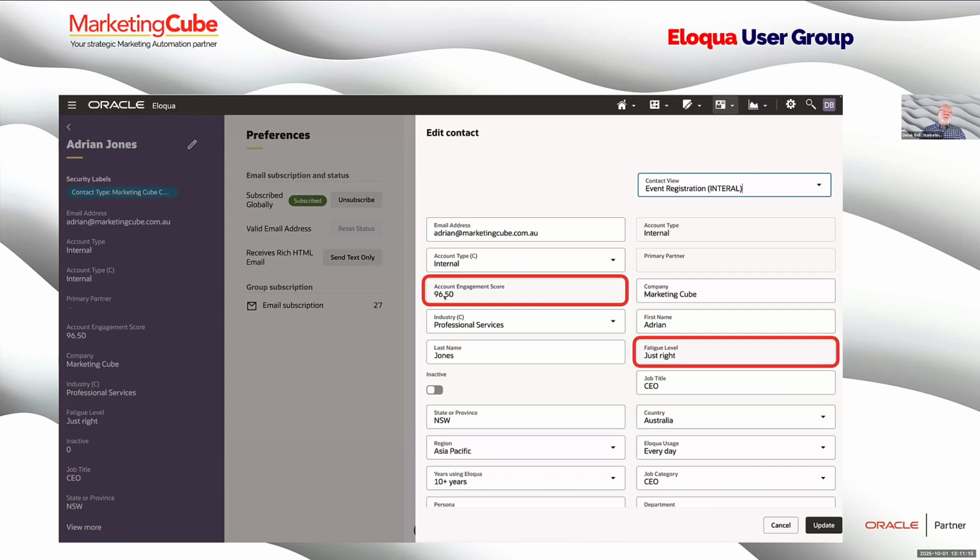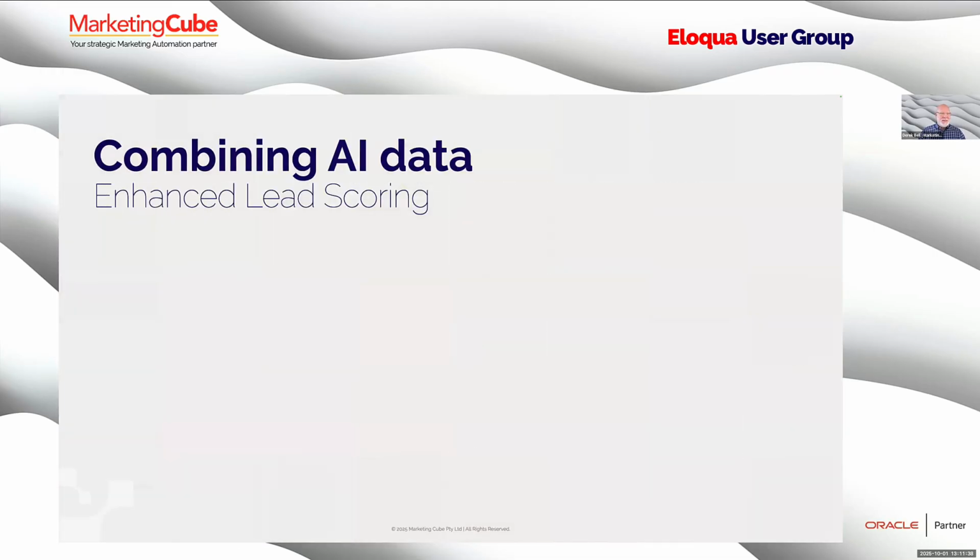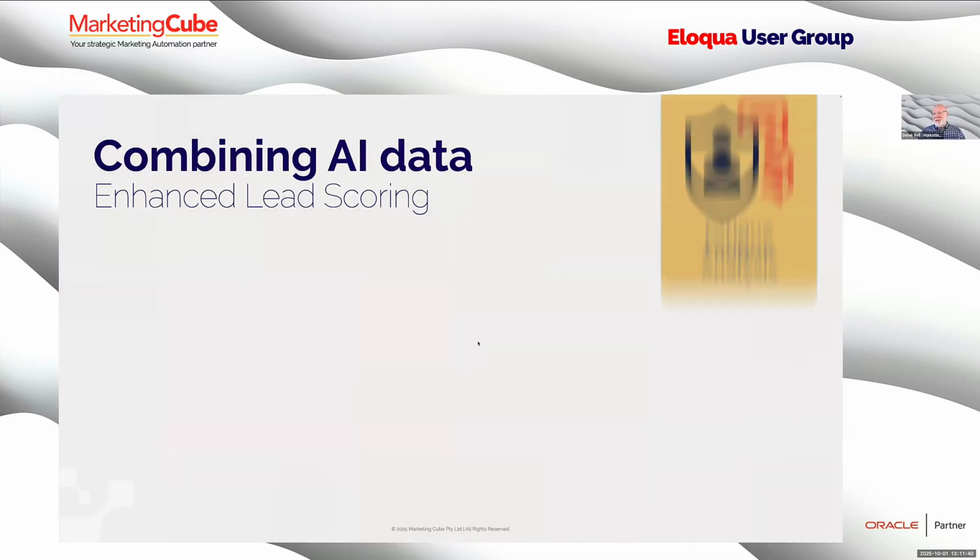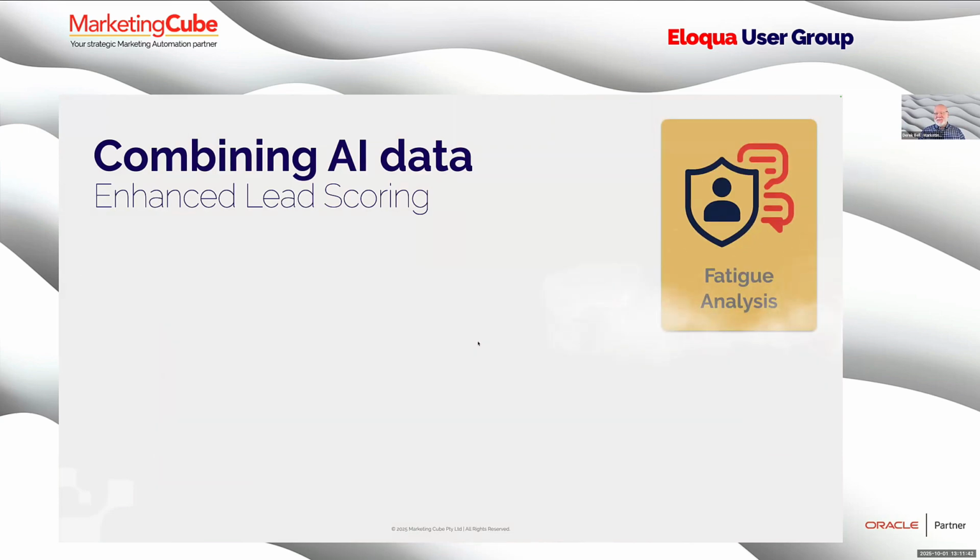Remember, wherever you make changes to your contact views, wherever you're looking at contacts and you can adjust the views, you'll have that information available to you. That'd be one of my first tips. Get the data in front of the user community so people can see it and start to see some correlation with other behaviors that are going on. Okay, so that's where we see it. Now, combining the AI data with our lead score models, I wanted to start with fatigue analysis.